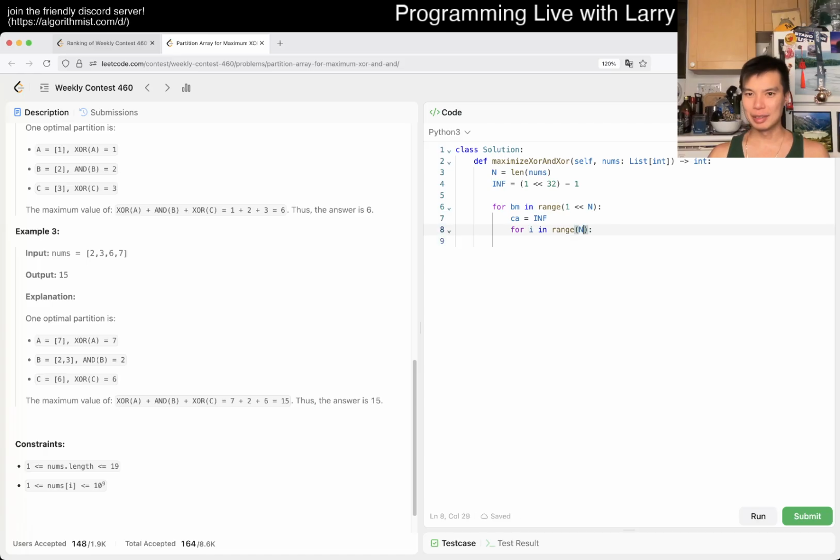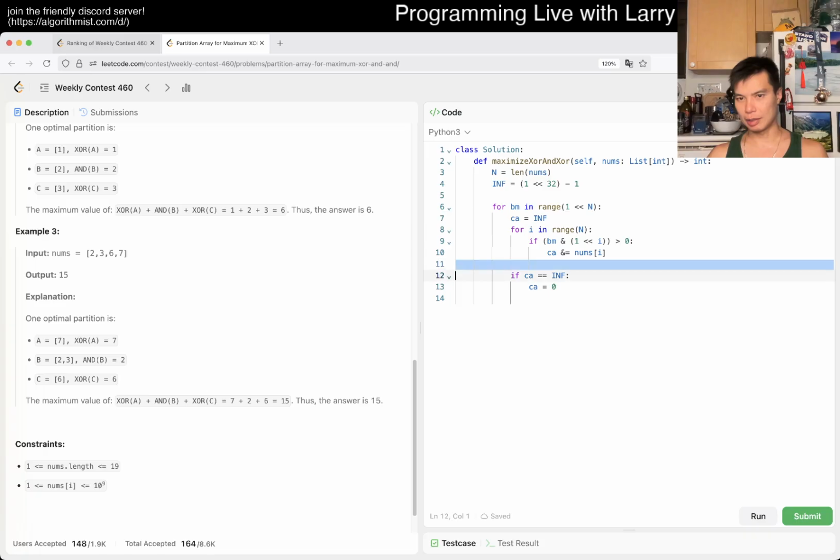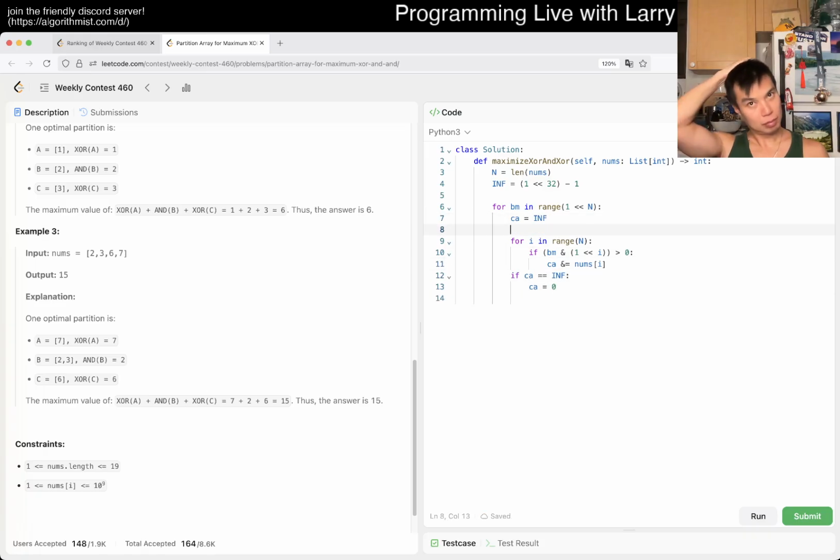Nope. Okay, so then now we want to say n of nums of I, right? Right, okay. And then now we have an else, which is for the XOR numbers.